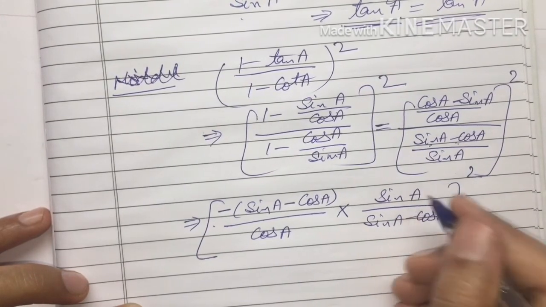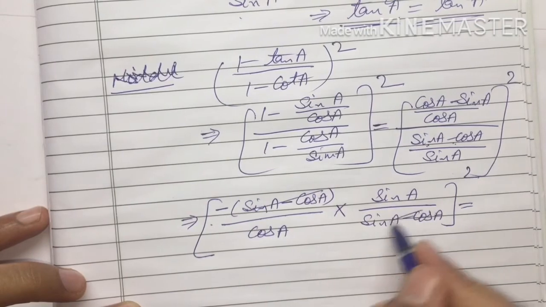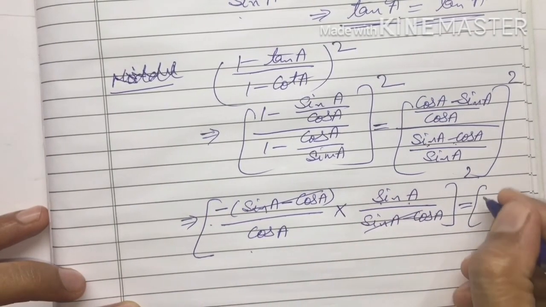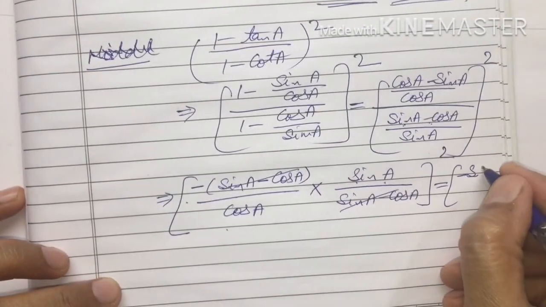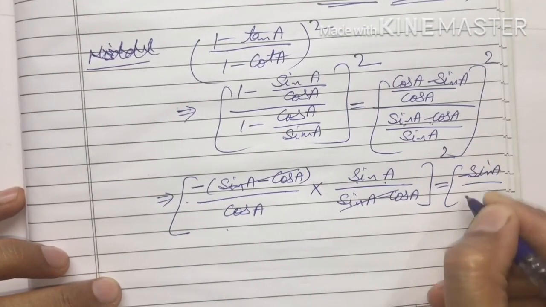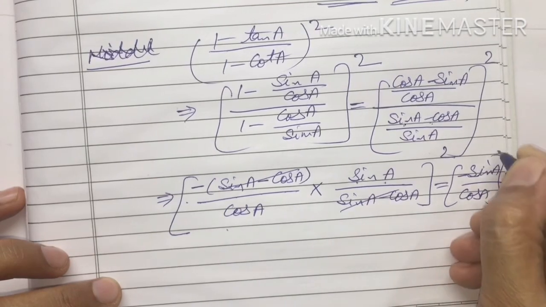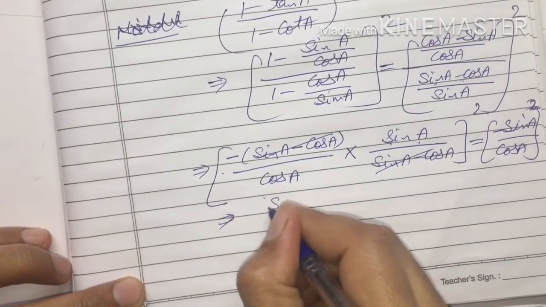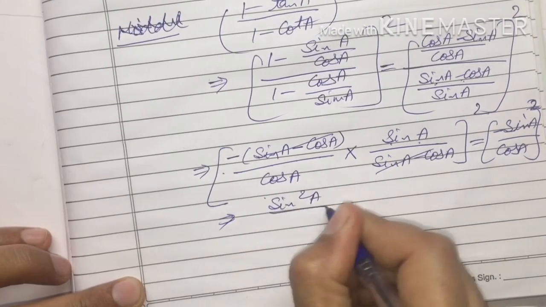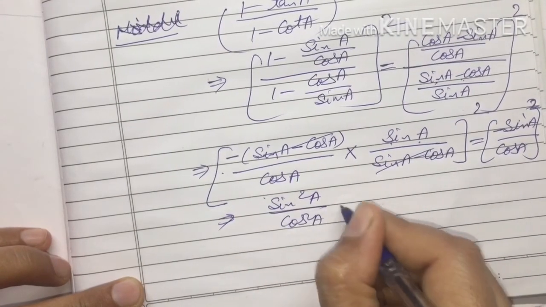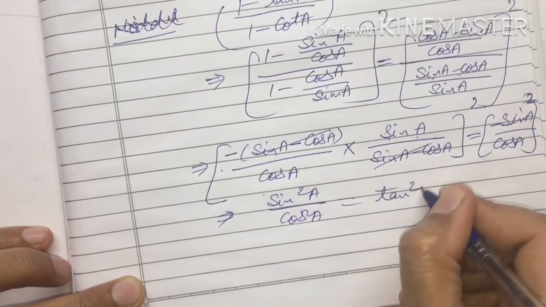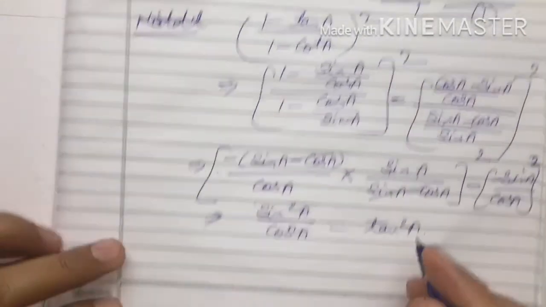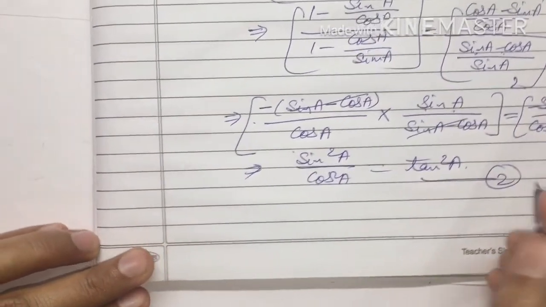So we can cancel these terms, so it will be (minus sine A upon cos A minus sine A upon cos A) and square of that. So this will be sine square A upon cos square A is equal to tan square A. So it was our first equation, and this is our second equation.